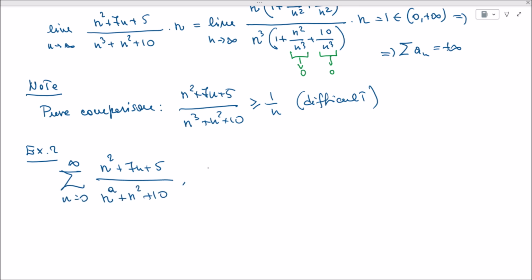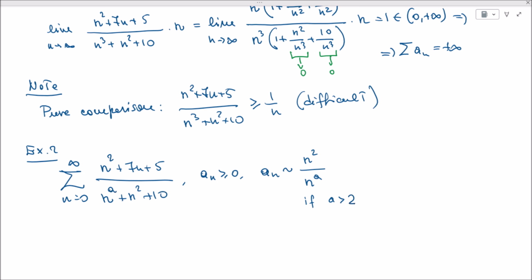Of course, we are still in the case that a_n is larger than or equal to 0, but this time we have that a_n will be equivalent to n squared, which is the only thing that remains at the numerator, over n to the a, in the assumption that a is larger than 2.